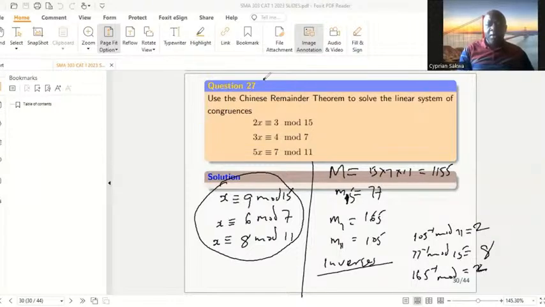Then you come and find x, which will be this remainder times 105 times 77, then times 8, plus this other remainder times 165, and then times 2, and then plus this other remainder times 105, then times the inverse of 105, which is 2.